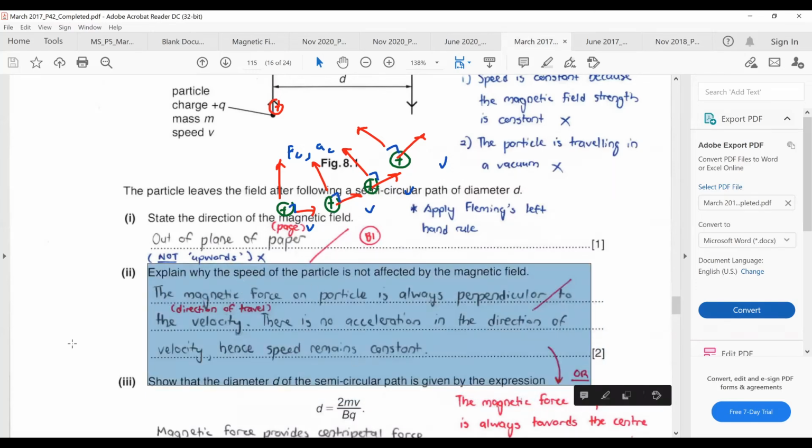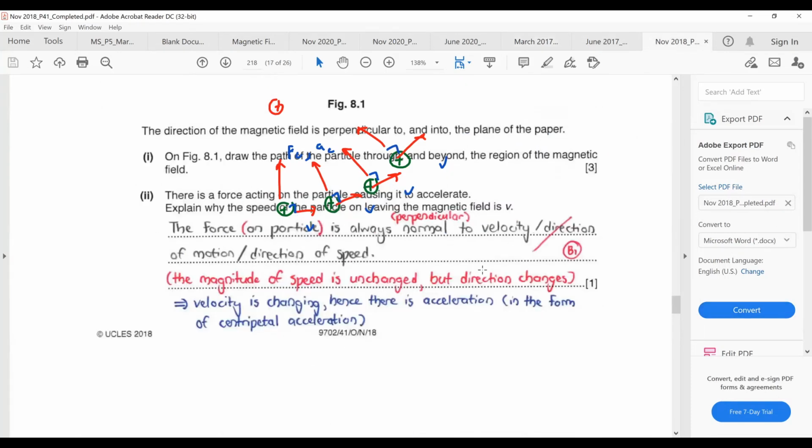Magnetic force always perpendicular to velocity, no acceleration in the direction of velocity, hence speed remains constant. This one was worth 2 marks. If you have put the same answer here, you would still get the full mark. Here was actually just 1 point. It's the same question, just with a reduced number of points.